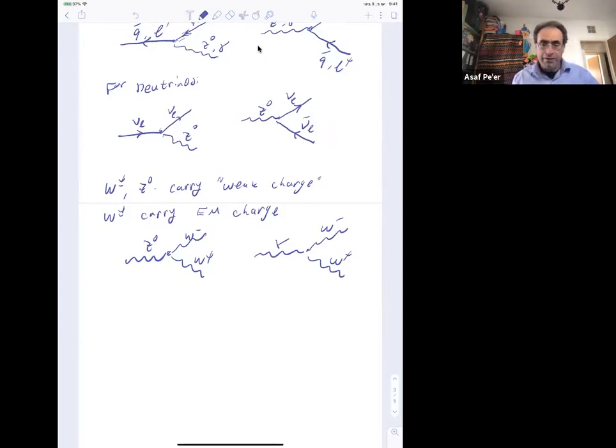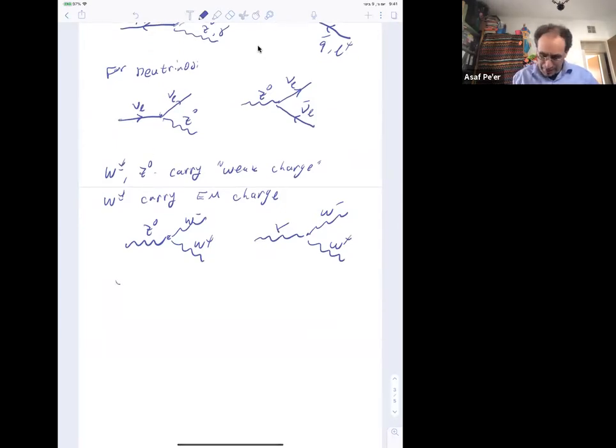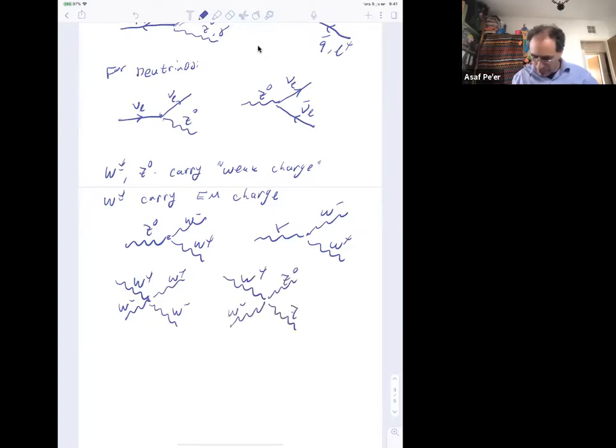We can also have self-interactions between them. So we can have something like W plus, W minus interacting and producing another pair of W plus and W minus, or W plus and W minus interacting and producing a Z0, Z0. This can also happen.